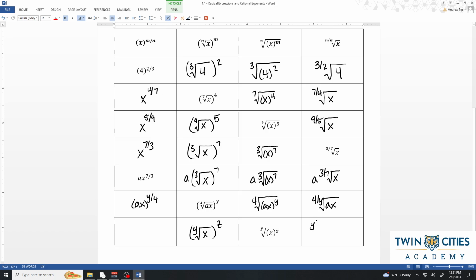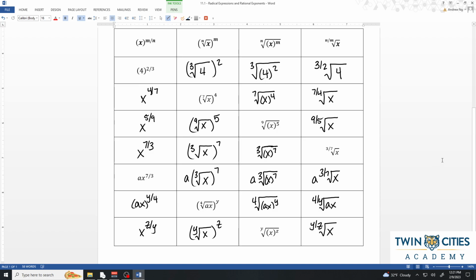This will be y over z root x. And lastly, x to the power of, reverse y then z, z over y.